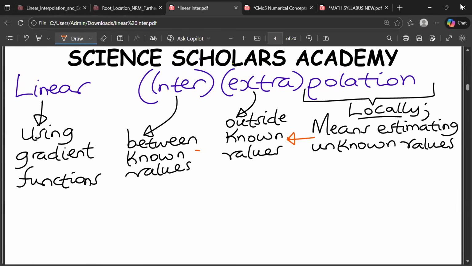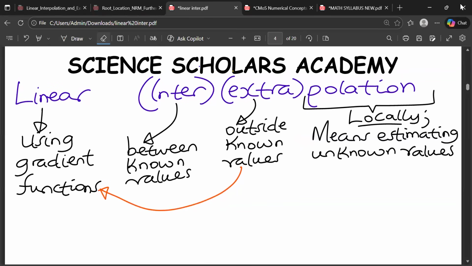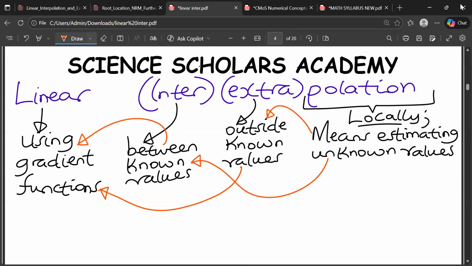We either move from here to here, or from here to here, depending on what we are defining. So we can use those arrows and define both linear interpolation and extrapolation.